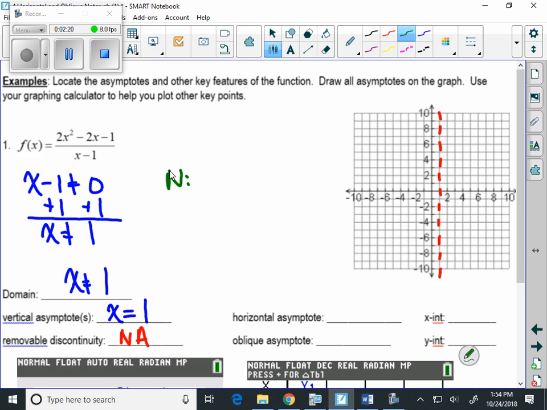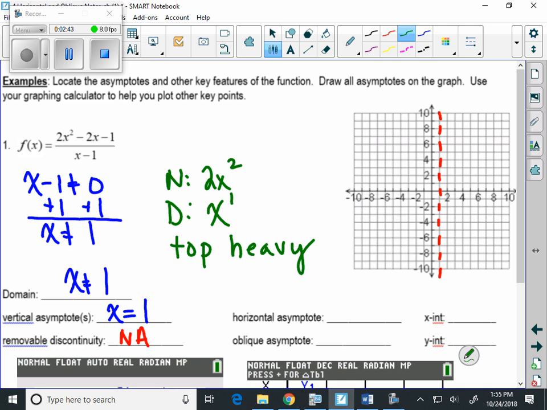Well, the highest degree term in the numerator is 2x squared. And the highest degree term in the denominator, the bottom of the fraction, is x, and if you prefer, that's x to the first. So this one qualifies as top heavy.